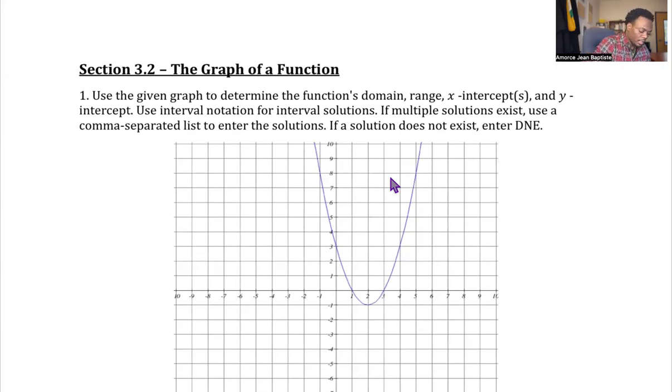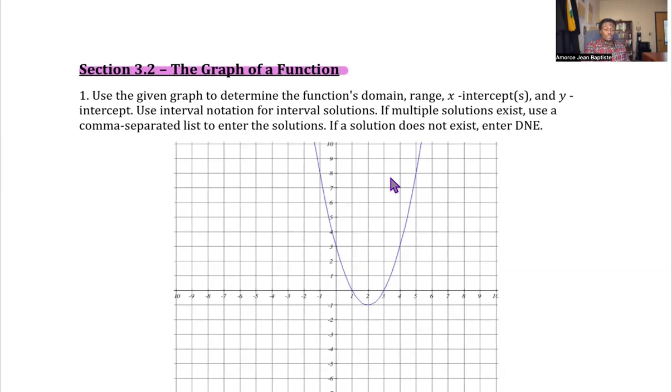So let's get started here with the graph of a function. In this example, we will determine the function's domain, range, x-intercept, and y-intercept, if any.